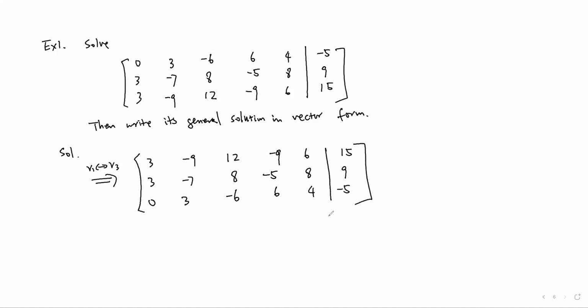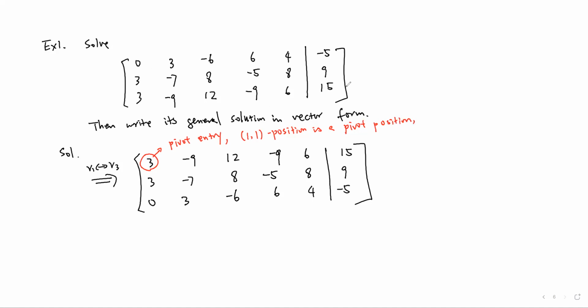Now I can use this number to eliminate the number 3 below it. We call this number the pivot entry, pivot number, and correspondingly the 1-1 position is a pivot position.